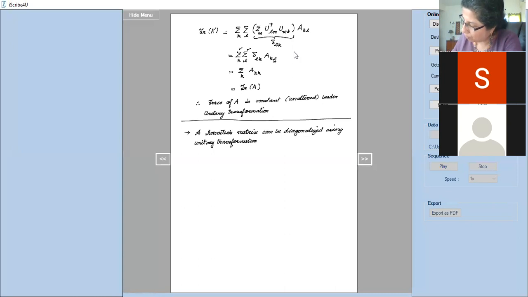Which I told you before means that you can go from a non-diagonal form to a diagonal form. And in the diagonal form, trace is equal to the sum of eigenvalues.